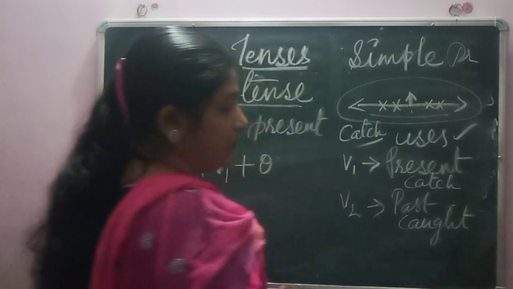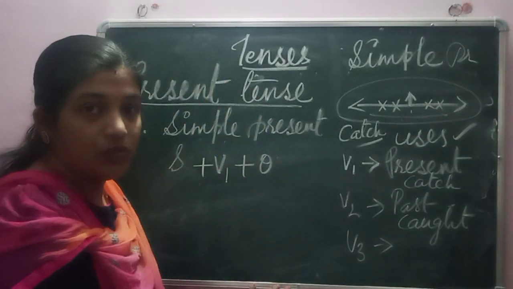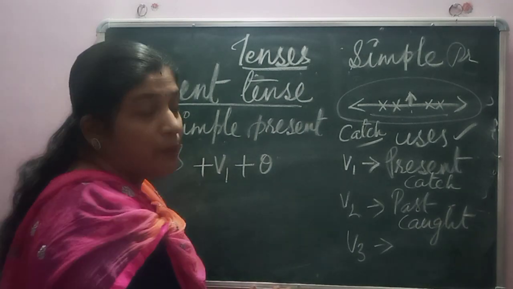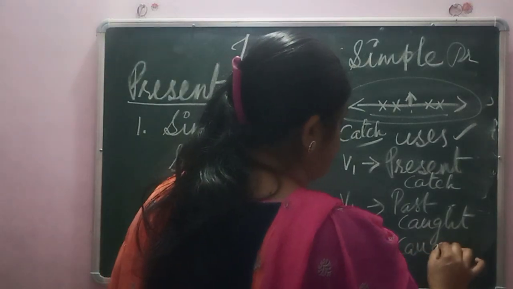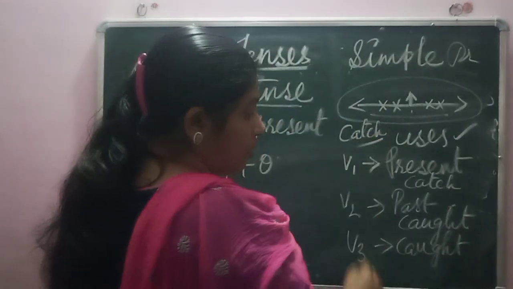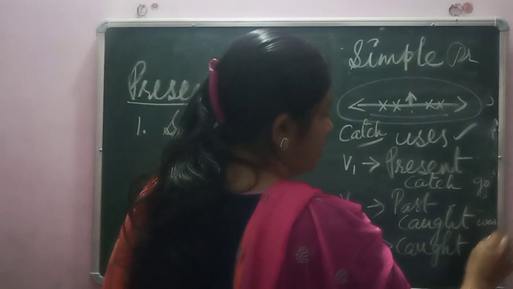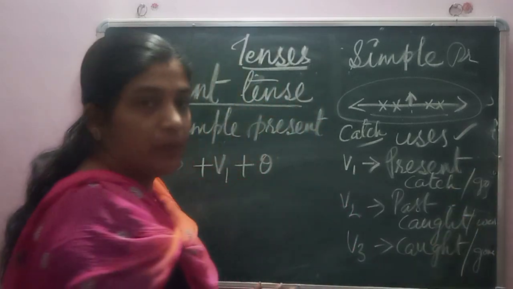C-A-U-G-H-T, caught. Now V3 is here, and don't confuse V3 with future tense. V3 is not the future form of the verb. V3 is past participle. That is again caught. Or if you take go, then go, went, gone. Clear? This is the past participle form.